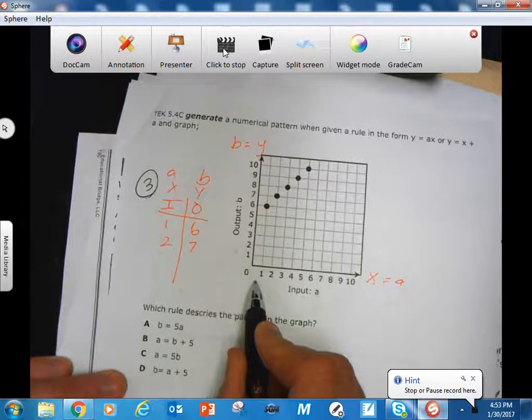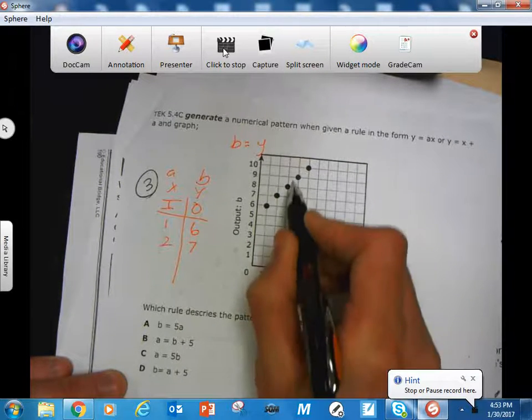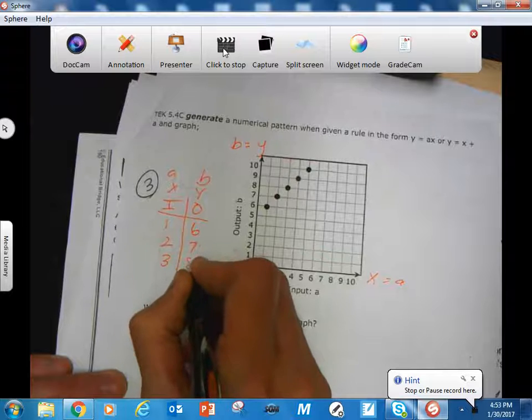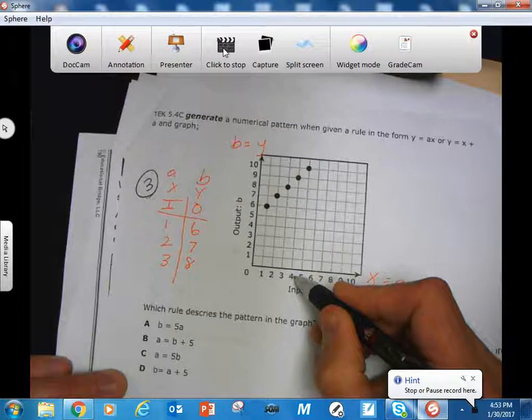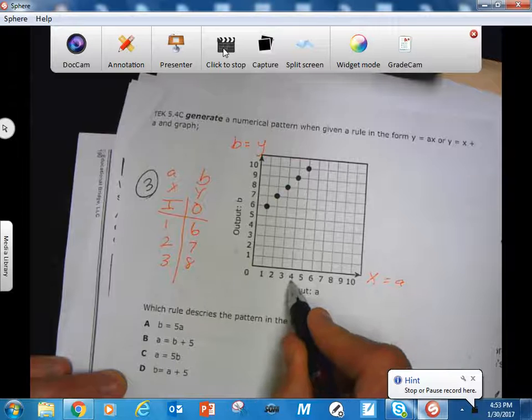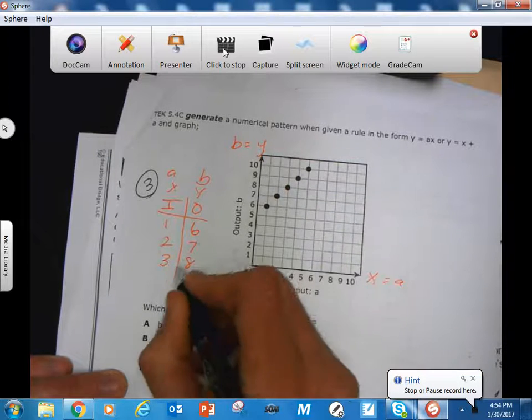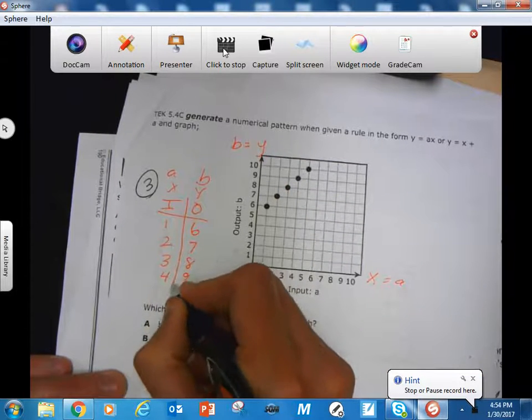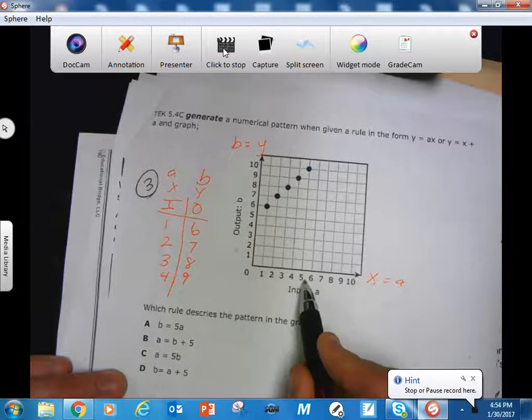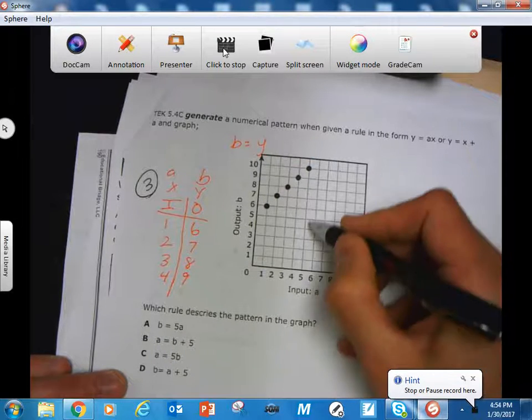And the third, 3 over, 8 up. And then we go to 4 over, 1, 2, 3, 4, and 9 up. And our last point is 5 over, 10 up.